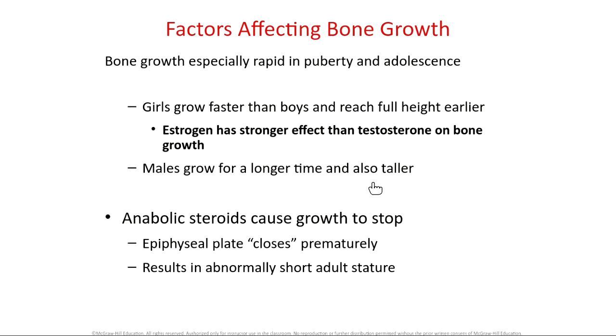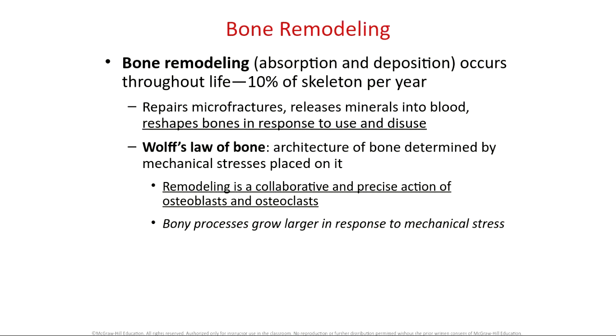They will eventually be taller than females typically, but they will not reach that maximum until a later age compared to females. And again, that is just based on how estrogen and testosterone secretion differs throughout life, especially through adolescence. Okay. And again, estrogen and testosterone are going to play a role eventually in closing off that epiphyseal plate.